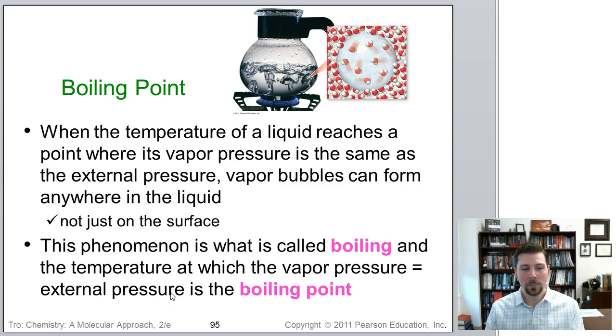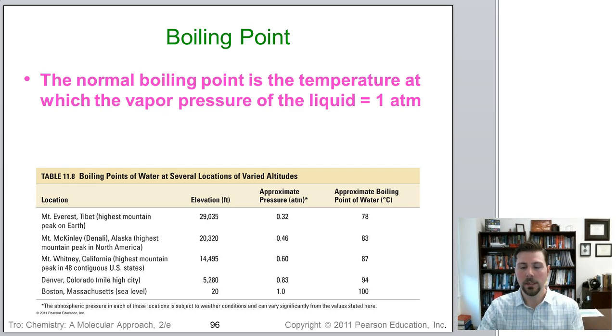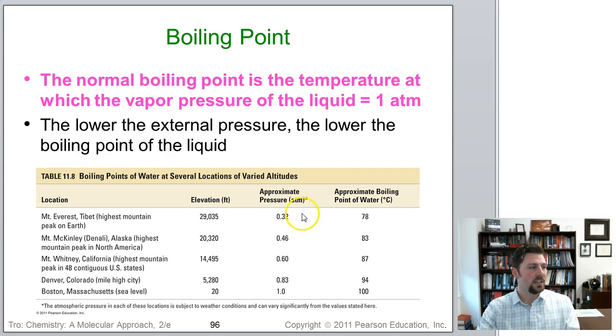So when the vapor pressure reaches the external pressure is when you've reached the boiling point for any substance. And I mentioned before we call the normal boiling point normal when we're at normal pressures, which is about 1 atm. So the normal boiling point, if the phrase normal is used, it means the external pressure is 1 atm. Notice here the external pressure is different at different elevations.